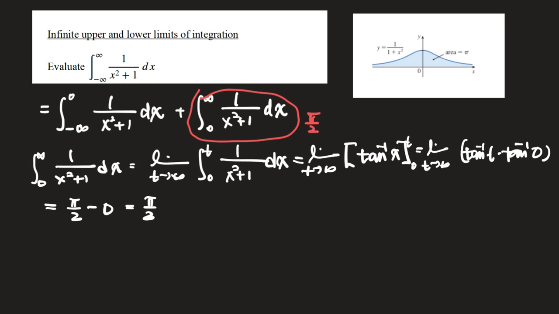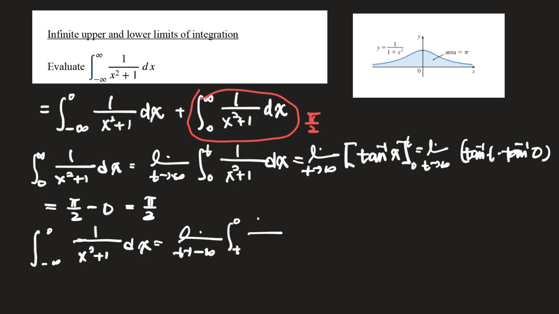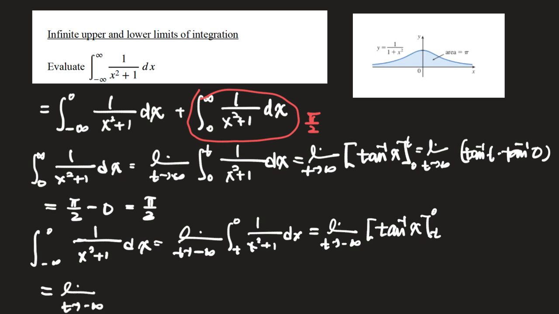Now the first part: integral from negative infinity to 0 of 1 over x squared plus 1 dx. The definition is limit as t approaches negative infinity of the integral from t to 0 of 1 over x squared plus 1 dx, right guys? So this is the limit as t approaches negative infinity of arctangent x from t to 0, same thing: arctangent 0 minus arctangent t.